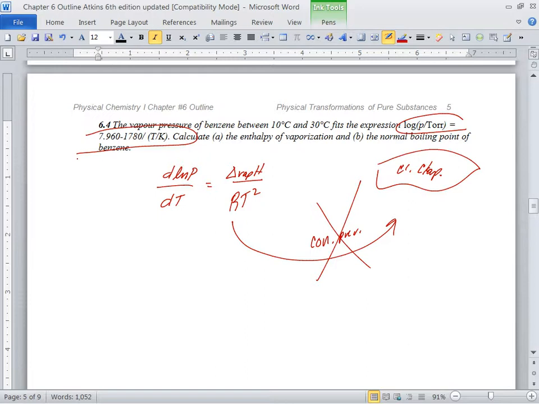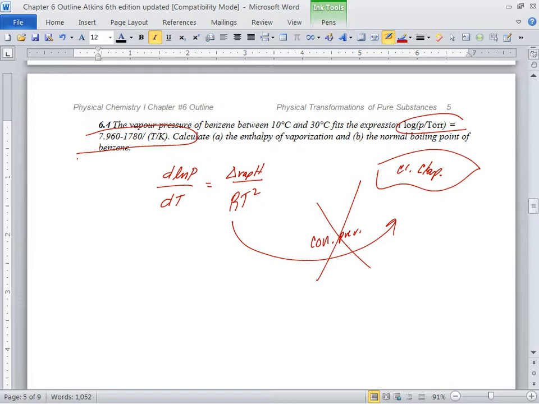Remember what we did? Multiply log by 2.303, then magically log turns into natural log. So multiply this whole expression through by 2.303, both sides.